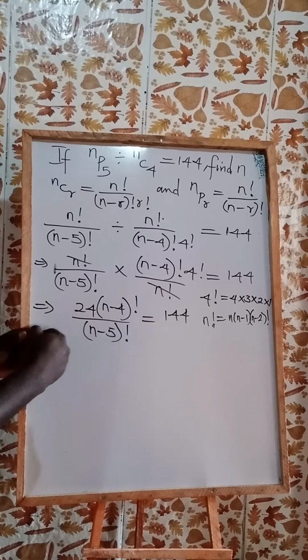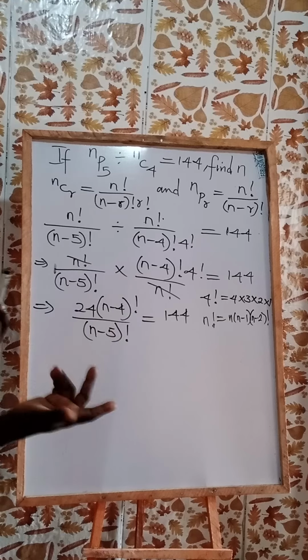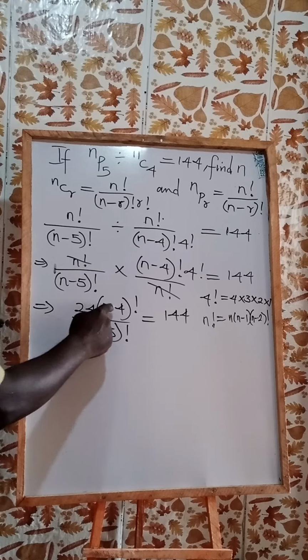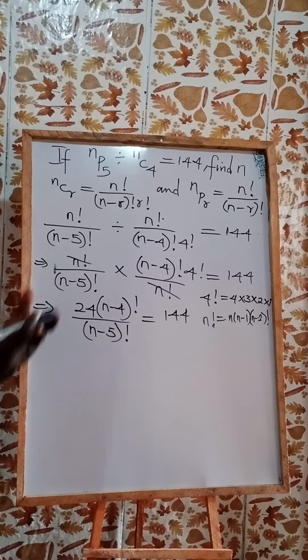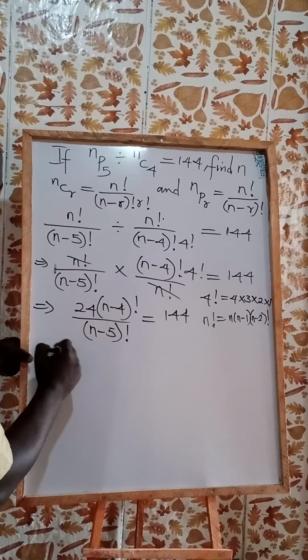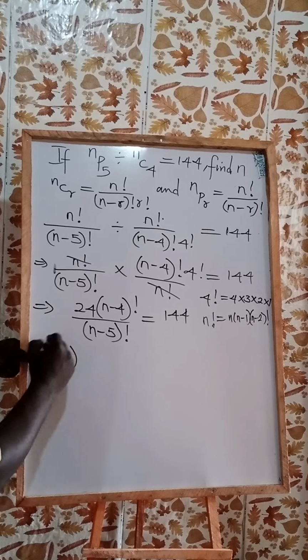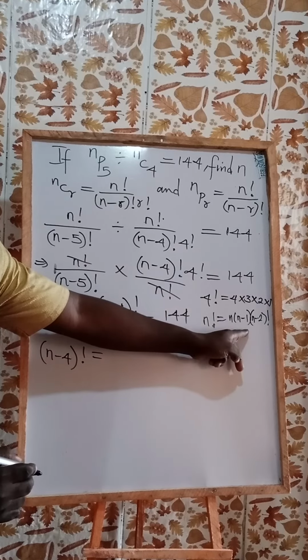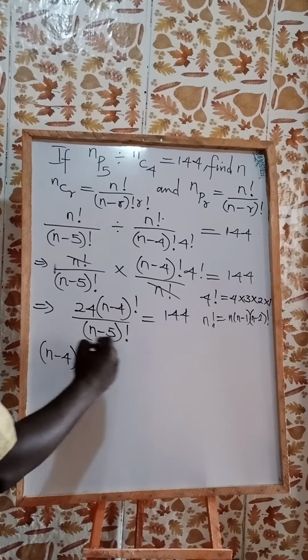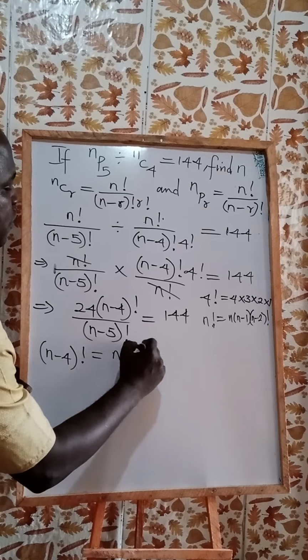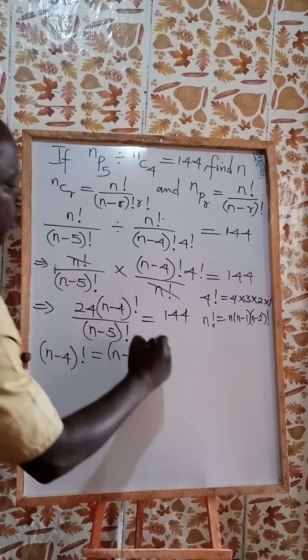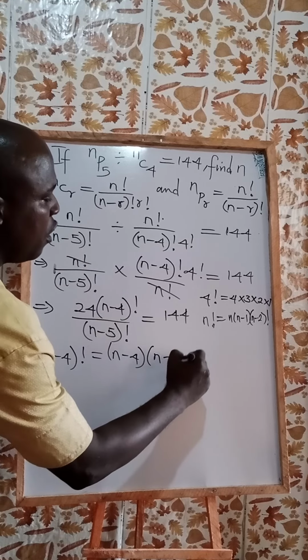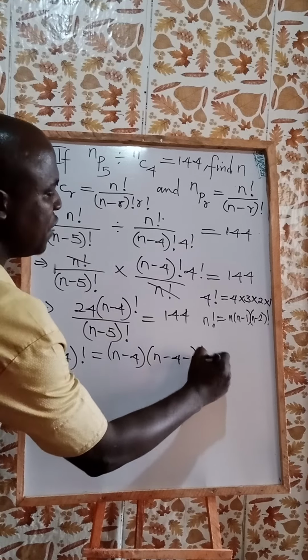One of them must be equal to the other. (n minus 4) factorial will be equal to (n minus 4) into (n minus 4 minus 1) factorial.